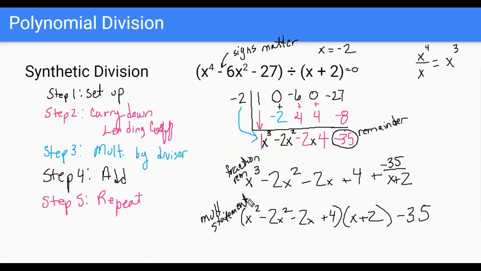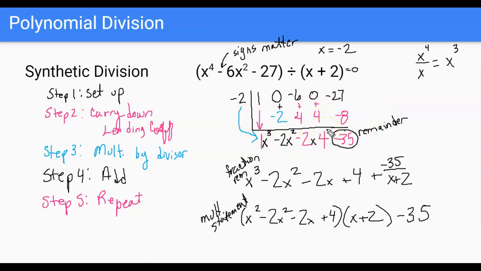So notice that instead of having to use several lines of long division and having to do the repeat process at least 4 times, we actually only used 3 little lines of paper and got all of it and still got our answer with our fraction remainder. And so synthetic division goes a lot quicker. It's stuff I can do all in my head.